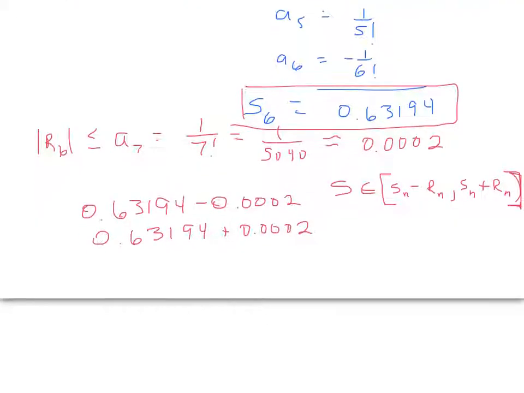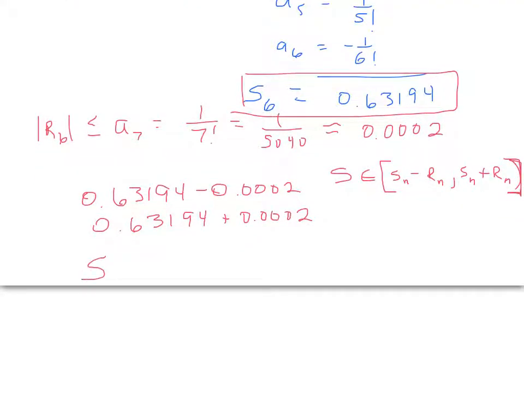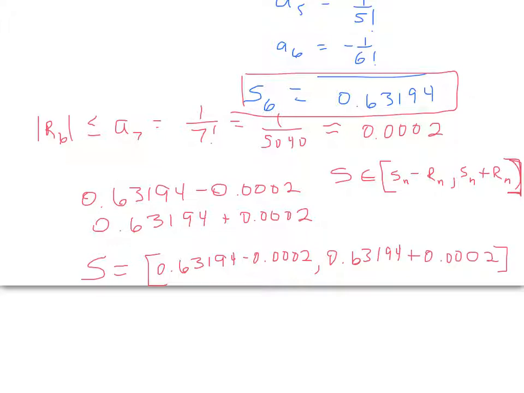All right. So what we know then is that our sum for this particular problem is going to be from 0.63194 minus 0.0002 to 0.63194 plus 0.0002, or in other words, the sum of this series is going to fall between 0.63174 and 0.63214, and that's our range.